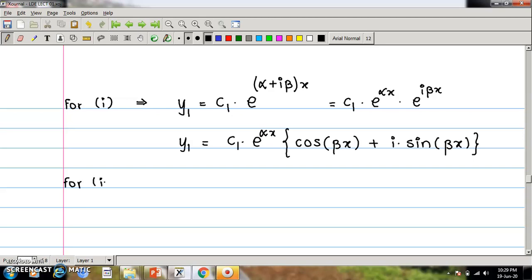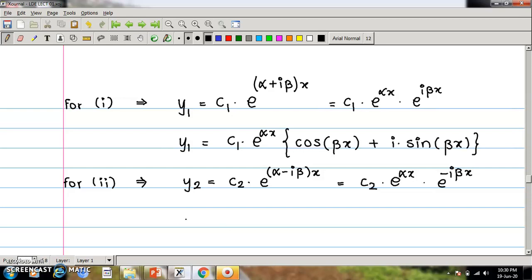Similarly, for equation number 2, we can find y2 equal to c2 times e raised to the root alpha minus i beta into x. Again we can separate that exponential term, so it will be c2 e raised to alpha x into e raised to minus i beta x.